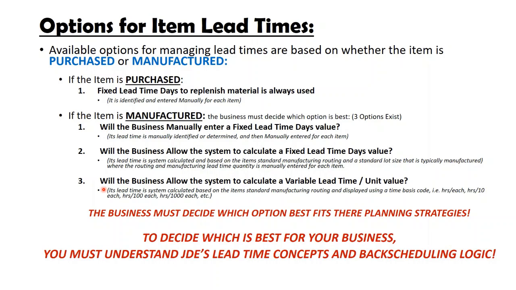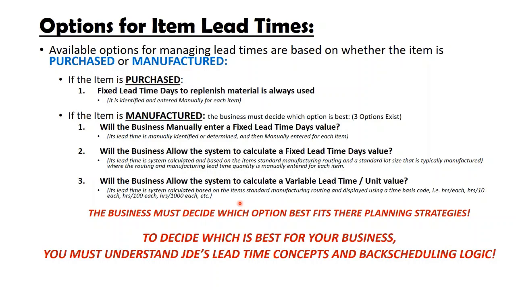The third option, will the business allow the system to calculate a variable lead time per unit value? It's the lead time the system calculates based on the item's standard manufacturing routing and displayed using a time basis code.